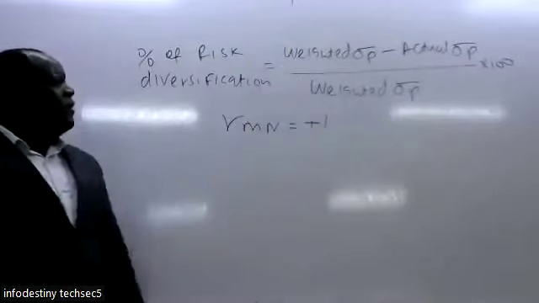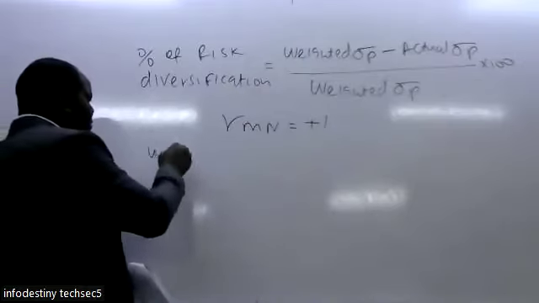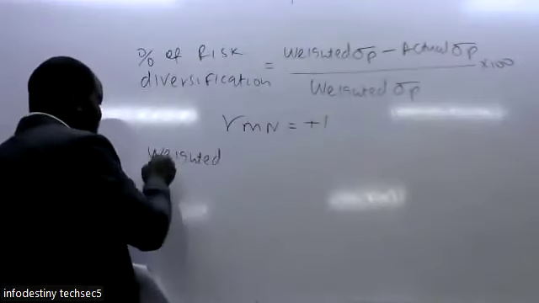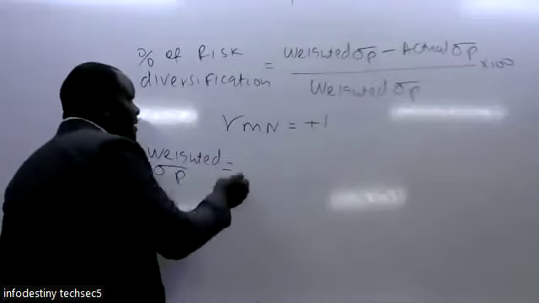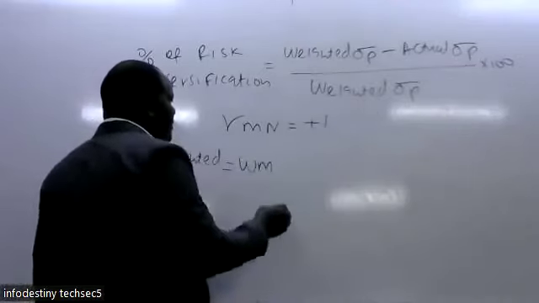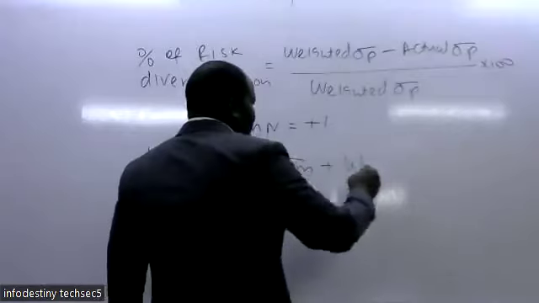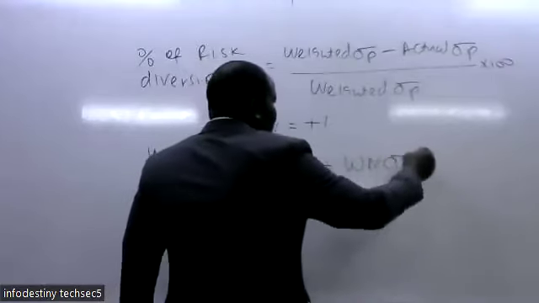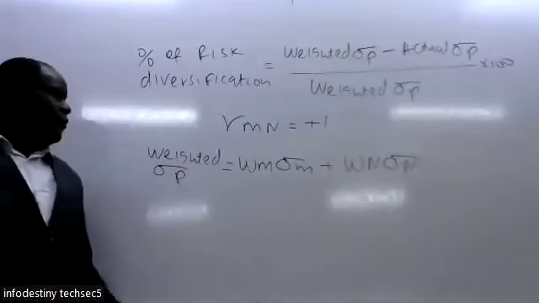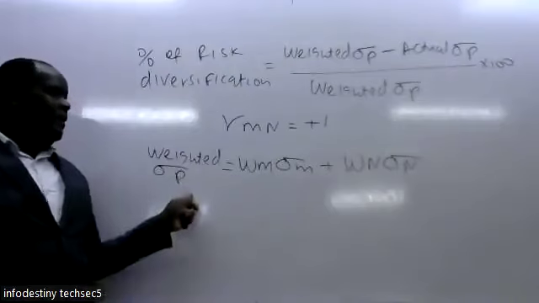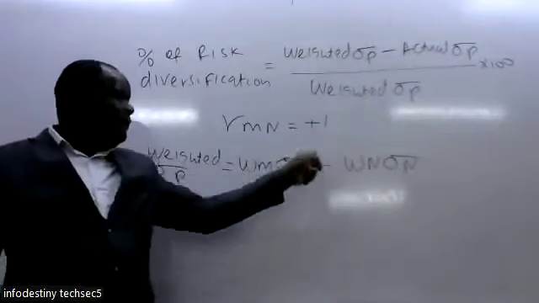So you want to get the weighted standard deviation of the portfolio. To compute the weighted standard deviation for the portfolio, you simply take the weight of M times the standard deviation for M, you also add the weight of N times the standard deviation for N. When the correlation coefficient is positive, we add.